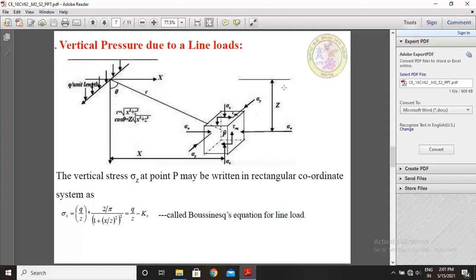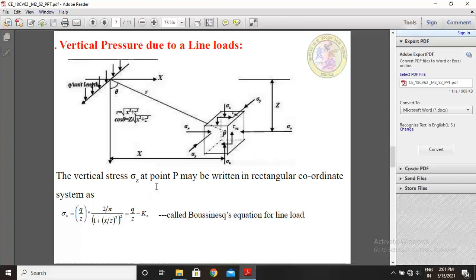Sigma x, sigma y and sigma z, in three directions stresses are acting. So then how to calculate sigma z, that is vertical stress, from this soil elemental area, and these are tau xy and tau yx, means shear stresses acting. The vertical stress sigma z at a depth z, see this point sigma z.